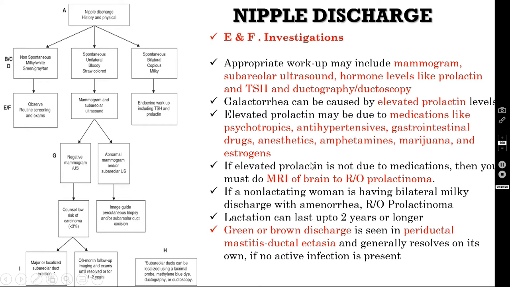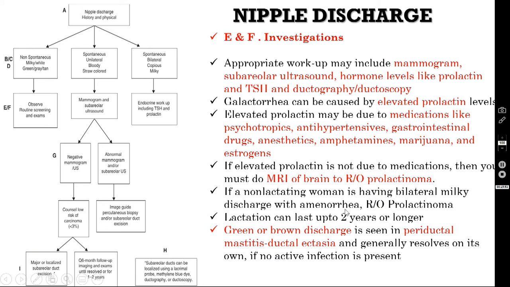If elevated prolactin is not due to medication, then you must do an MRI of the brain to rule out prolactinoma. If a non-lactating woman is having bilateral milky discharge with amenorrhea, then also you have to rule out prolactinoma by doing an MRI of the brain.